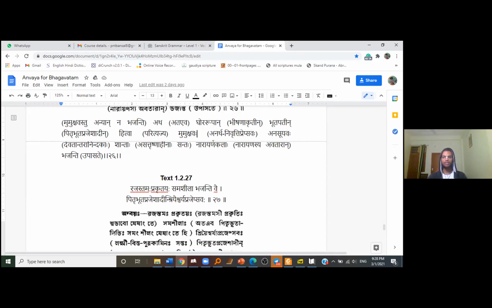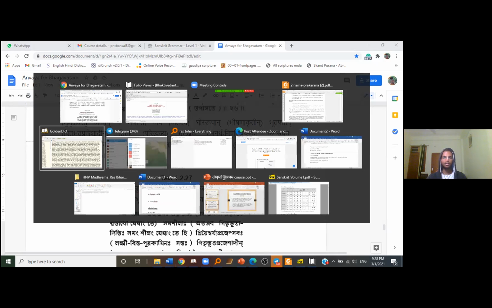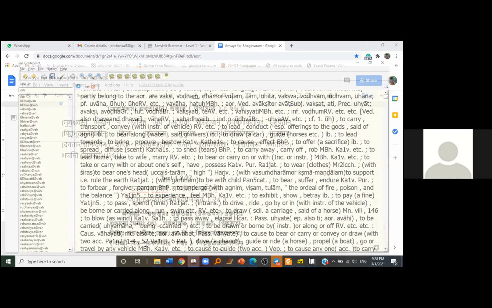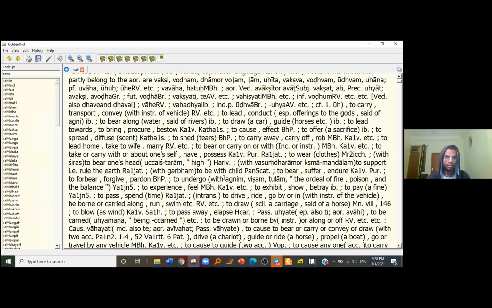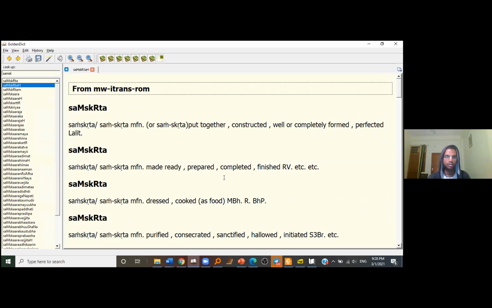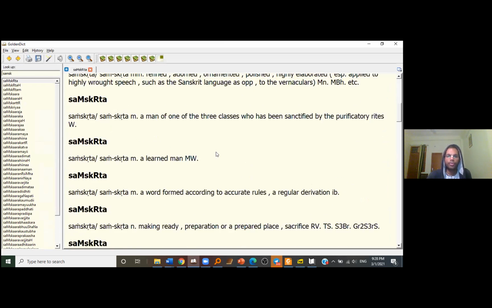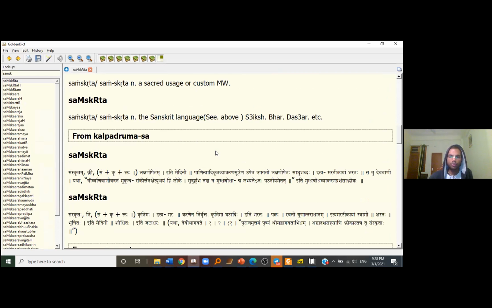That's why the language Sanskrit is Sanskaroti iti Sanskrita. Has anyone heard that sometimes? How can we define the word Sanskrit? The etymology of the word Sanskrit.